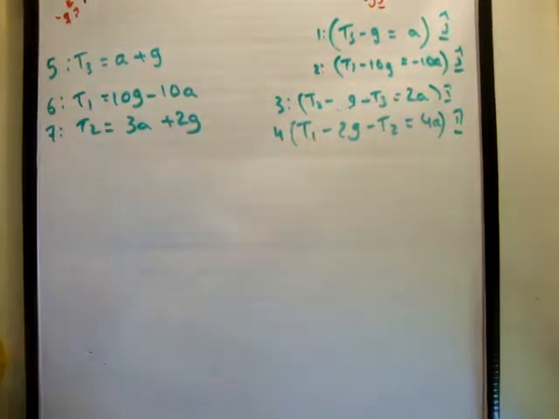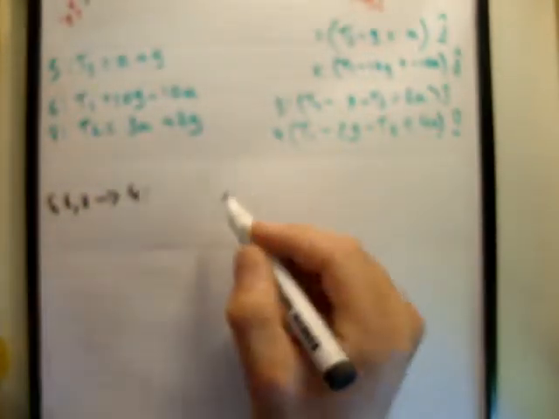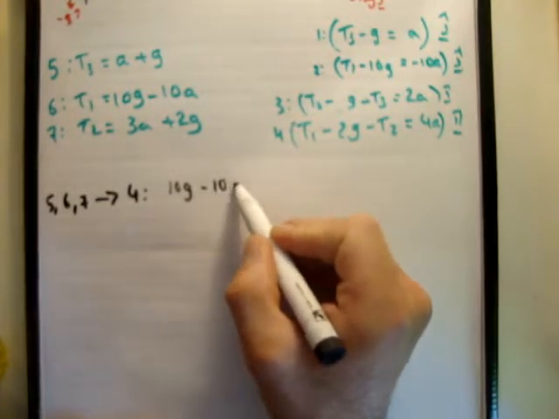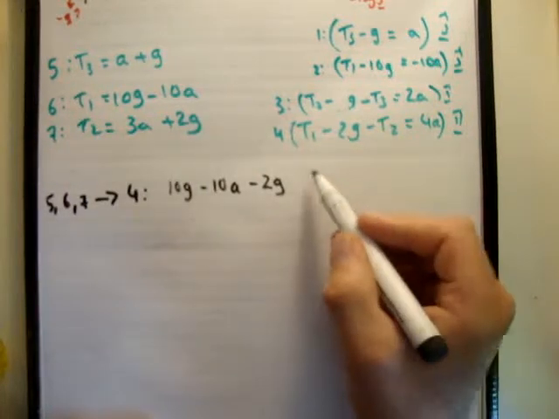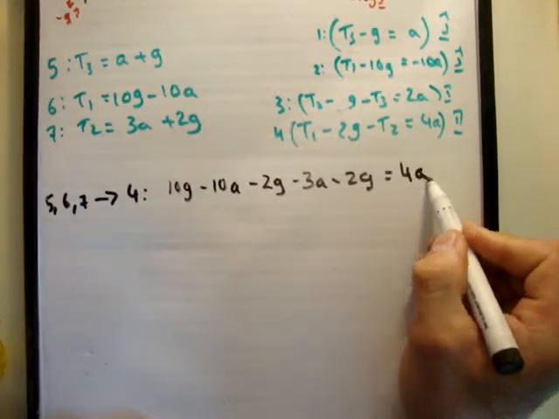Now that means we have each of the tensional forces in terms of the acceleration and gravity. So let's plug 5, 6, and 7 into equation 4. You're going to get T1, which was 10G minus 10A, minus 2G, minus T2, which is minus 3A minus 2G, is equal to 4A.